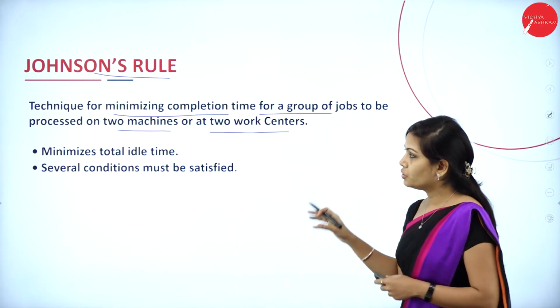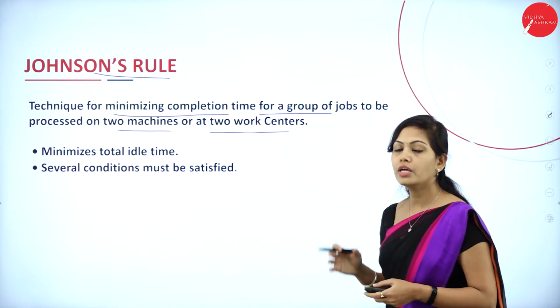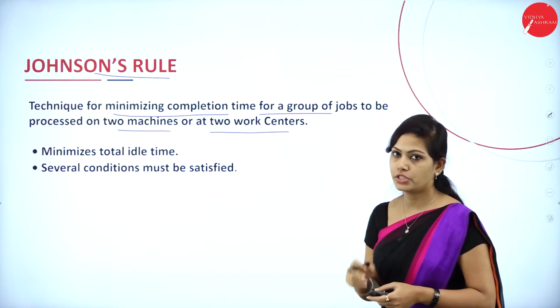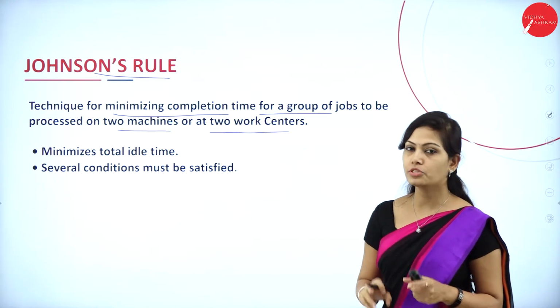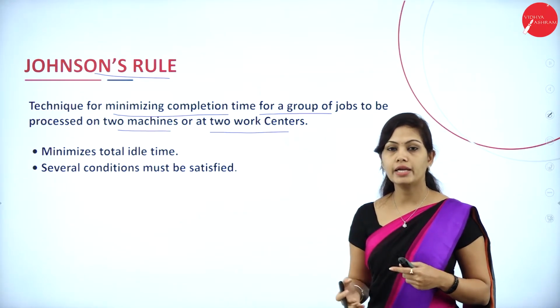So we are using Johnson's rule for n jobs, 2 machines. In your syllabus, you have only n jobs, 2 machines problems. You don't have 3 machines and 4 machines.